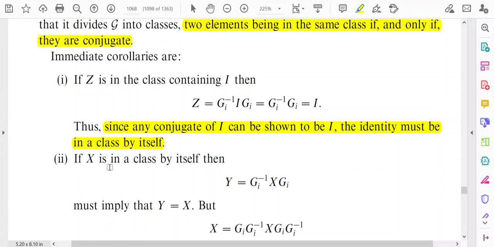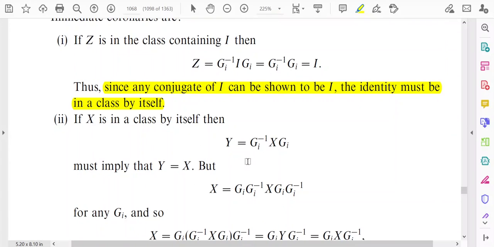Now, suppose x is an element that is in a class by itself, like the identity element. Writing the definition of the equivalence relation, y is equal to Gi inverse x into Gi, but it must imply y is equal to x, because we are assuming that x is a class by itself.